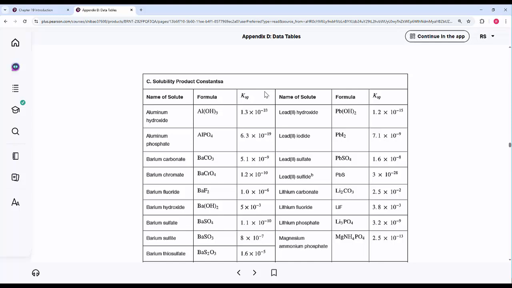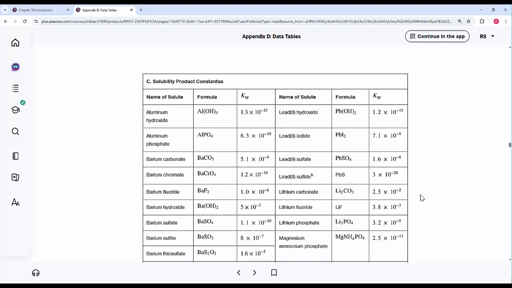Now, there are always exceptions to rules we have to worry about. It's not a law. So something like lithium carbonate, lithium is a group 1, but it's on the small side. And so we're going to see more exceptions with the smaller ions like lithium, which is a group 1 cation, and fluoride.